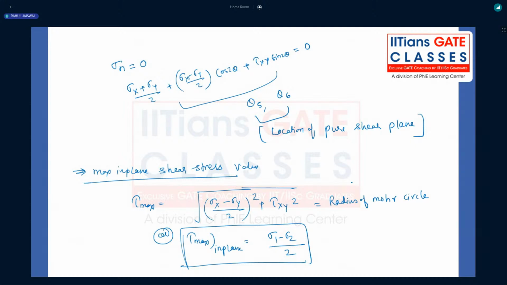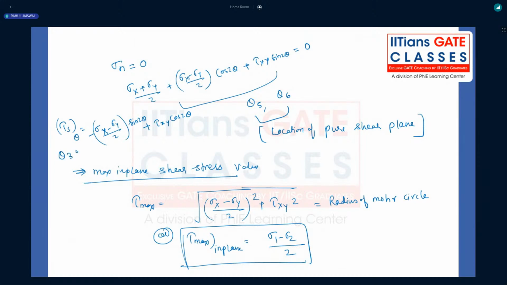Once again, that is very simple to find, sir. Once again, what you have to do, whatever the tau at theta is there, what is the formula for tau at theta? We know that it is minus ((sigma x minus sigma y) by 2) sine 2 theta plus tau xy cos 2 theta. In that theta, what you have to put, my dear friend?